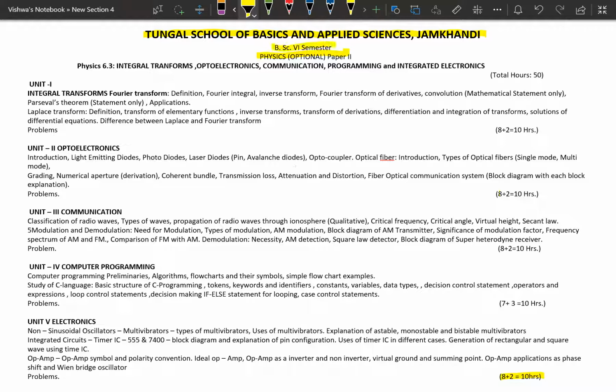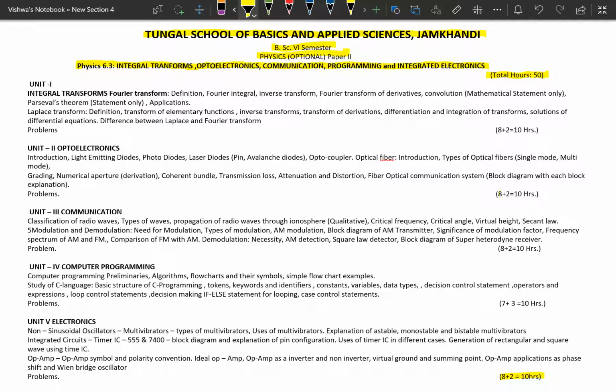Before starting, let's have a look at the syllabus of the 6th semester. This paper 2 consists of a 50-hour syllabus. The title of this paper is Integral Transforms, Optoelectronics, Communication, Programming and Integrated Electronics.